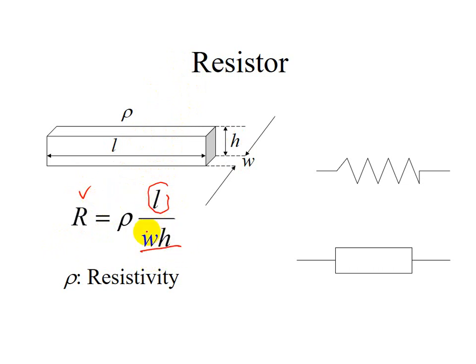The larger the cross-section area, W times H here, the lower the resistance. And you can simulate a resistance on top of a wafer by designing an area where you dope N-type or P-type elements into this area with certain depths.